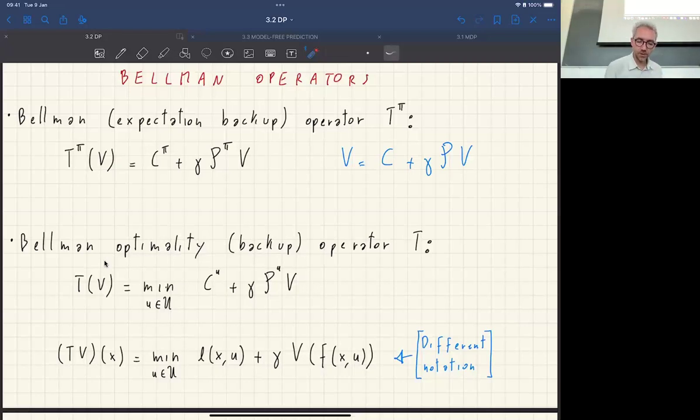So when you think of applying this operator to a value, you can think of the value being a vector. This is a function that takes a vector as input and gives you a vector as output. And this input vector can be any vector, just a vector with 1,000 values in my example. Now that we are going to see the algorithms, we will see how this can be used to compute something that is really a value function and not just a vector.